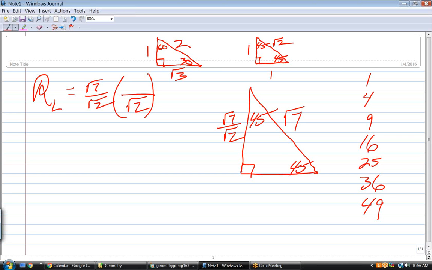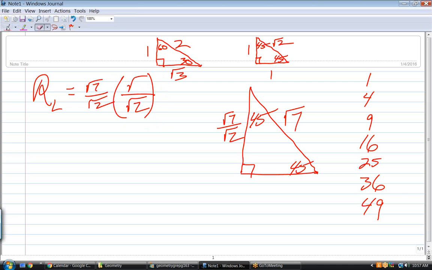Okay, that makes sense. What do I have to multiply the top by? Well, root 7 you could do. Then I have not multiplied that fraction by 1. I've now multiplied it by a number greater than 1. Can't do that. That would change its value. If I multiply any number by another number that's not 1, I'm changing its value. 1 is the only thing I can possibly do.